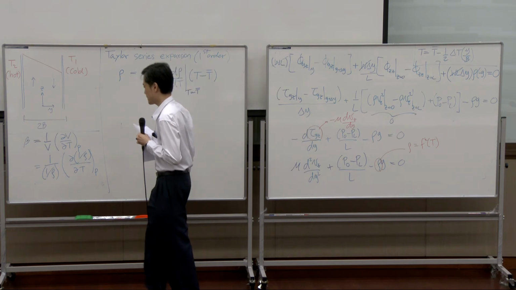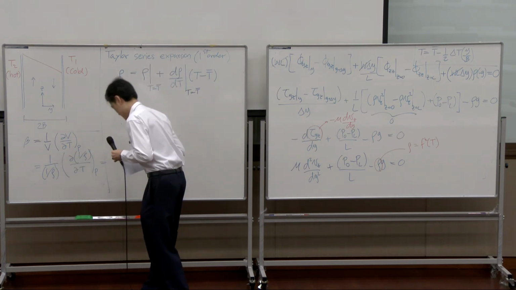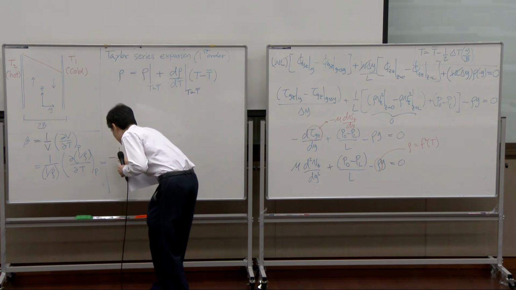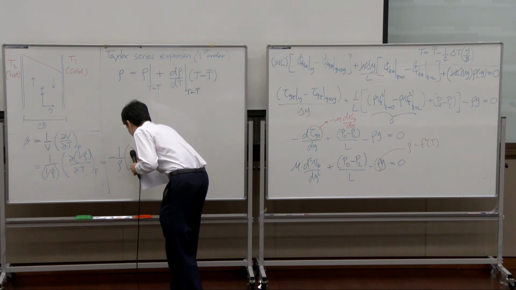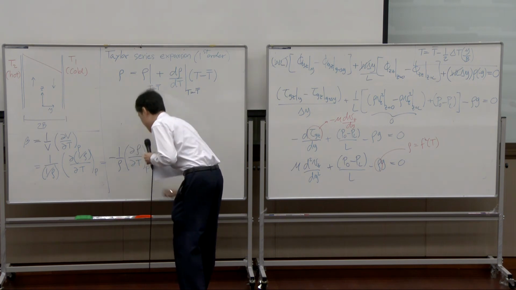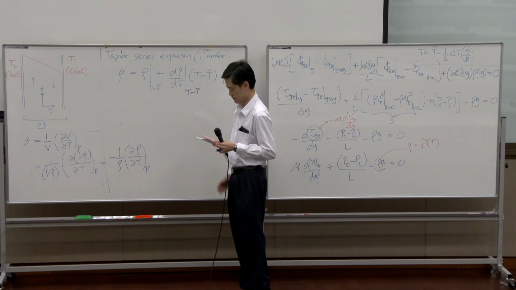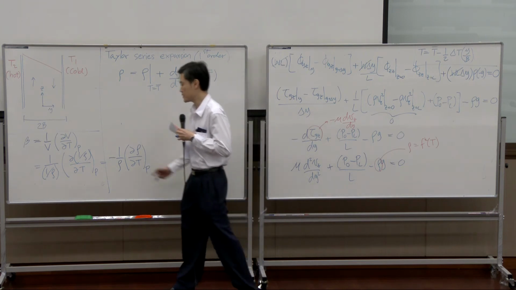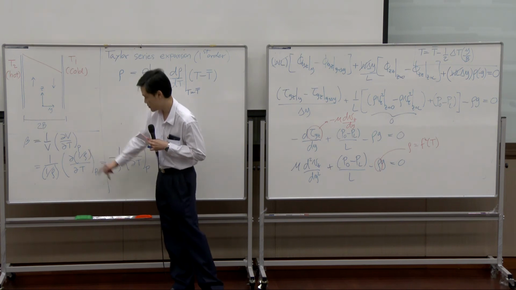Okay? So if you take differentiation over here, you get minus 1 over rho d rho by dt at constant pressure. Okay? Because this is differentiation of the inverse.